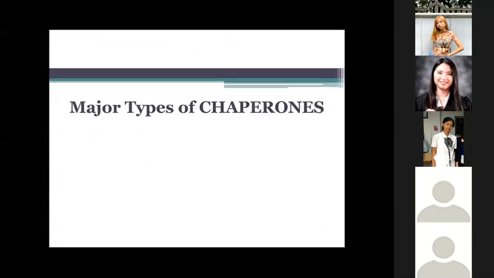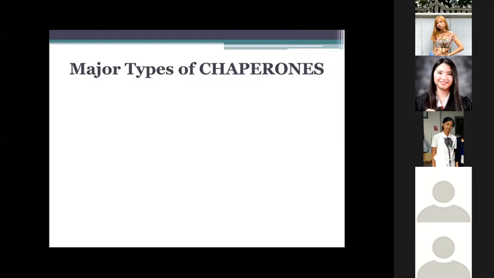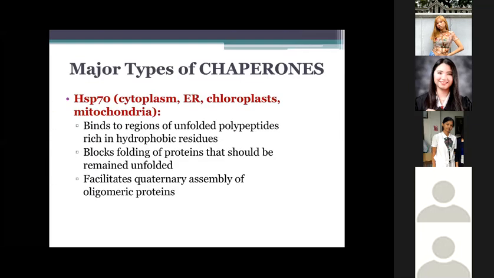So meron tayong iba't ibang klase ng chaperones. First stop, we have the heat shock protein 70. Ang heat shock protein 70 is often found in the cytoplasm, in the endoplasmic reticulum, in the chloroplast, and also in the mitochondria.